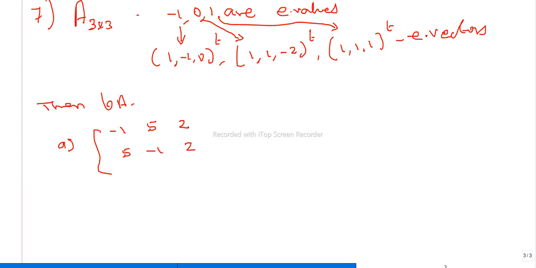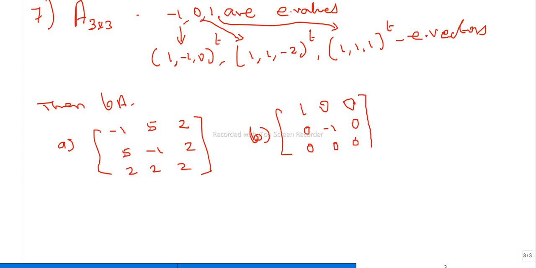The first option is 2 2 2. The second one is 1 0 0, 0 minus 1 0, 0 0 0. The third one is 1 5 3, 5 1 3, 3 3 3.